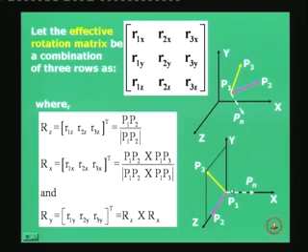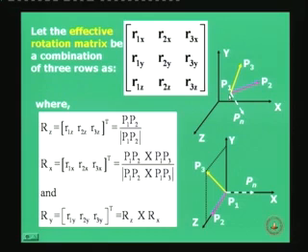Similarly, next what I have to do? I have to take this P1, Pn vector and align it with the x axis. So, my first row, which consists of the elements R1x, R2x and R3x respectively, which is given by the vector Rx, is nothing but the unit vector along P1 Pn. And what is the P1 Pn vector? It is nothing but a cross product of P1 P2 and P1 P3.